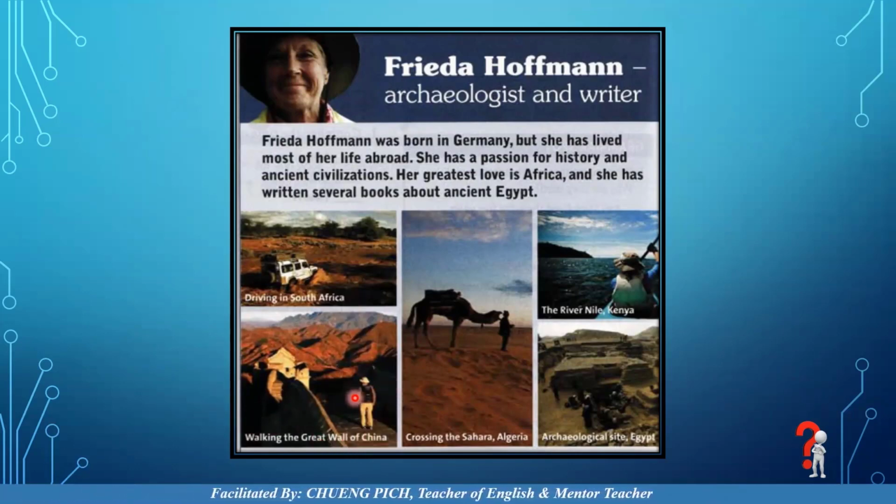The third one, crossing the Sahara, Algeria. You know it is very hot over there, and we use a camel to travel there. Let's take a look at this one, the River Nile, Kenya.